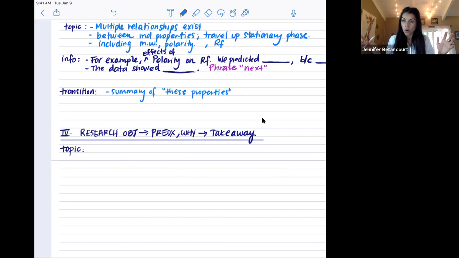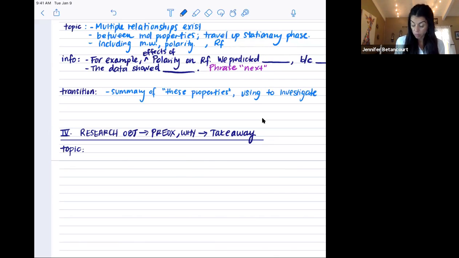So in a sense, you are taking what you just learned about these relationships, and then you're going to use that to investigate a protein supplement, a composition of a protein supplement.